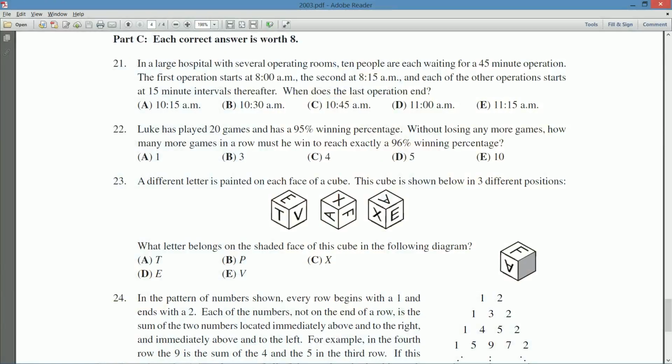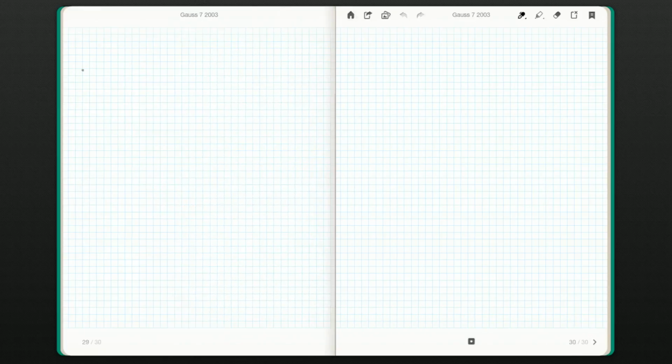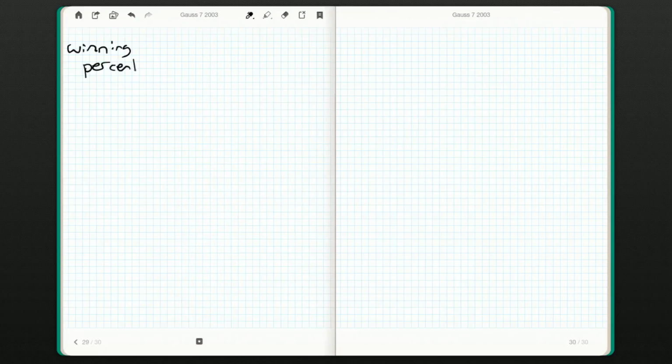First, I'd like to know how many games he's already won. Okay? So we're going to flip our page here. The reason I want to know how many games he's won is because I need to calculate his total winning percentage. And that's 100%, but it's a fraction of 100%. What's that fraction?